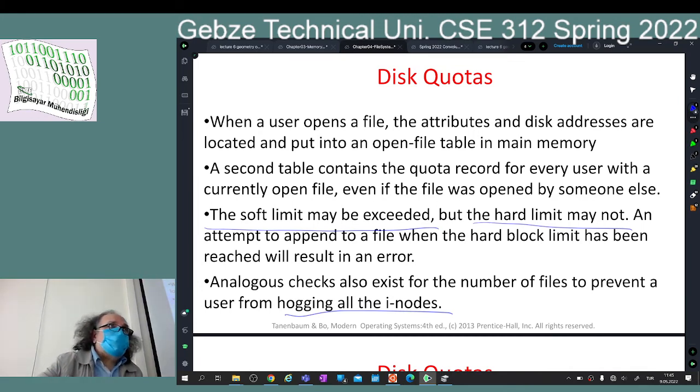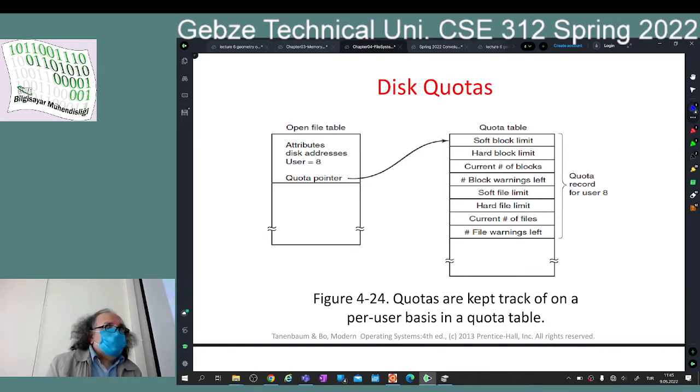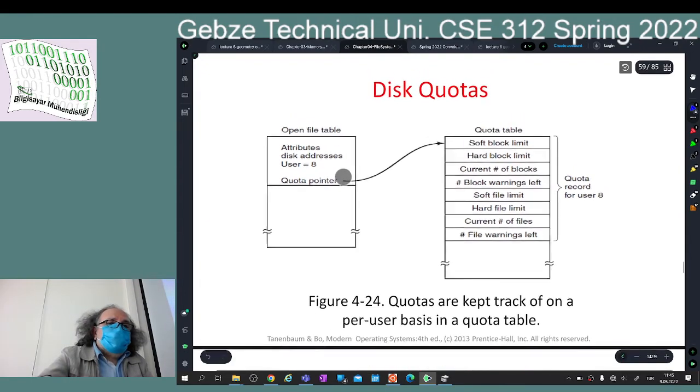So let's look at how we can enforce these quota restrictions. This is what happens when you open a file. Remember, we keep our open files by a pointer in our process table. This process is opening these files, and that's the open file.